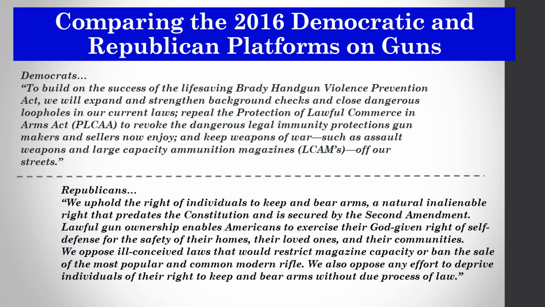Okay, so here we just want to give you a sample from the Democratic and Republican platforms. You can see how they lay out a very different position on guns and gun control.